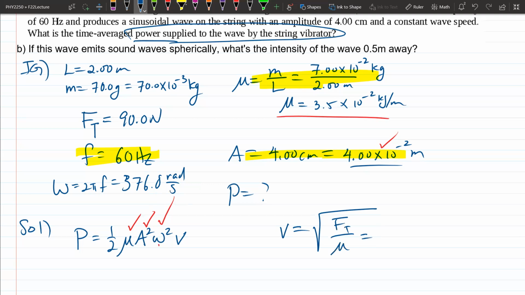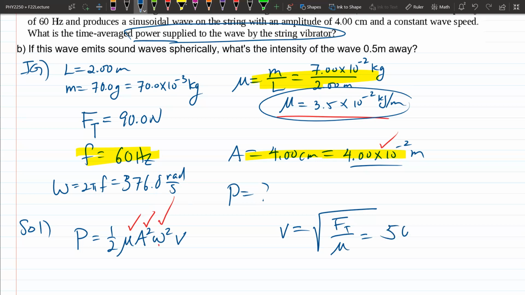So we can actually calculate this. The tension is 90 newtons, okay? And we divide that by the mass density, which is this number up here, and then we square root the whole thing. 90 divided by 5.2 times 10 to the negative 2, square root the whole thing.